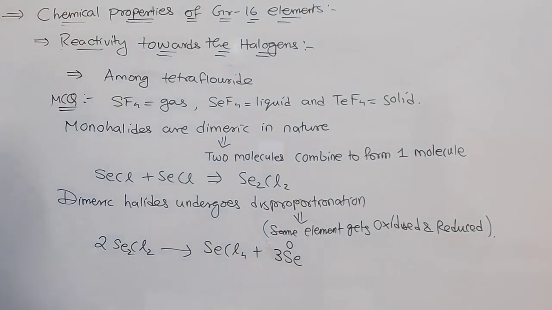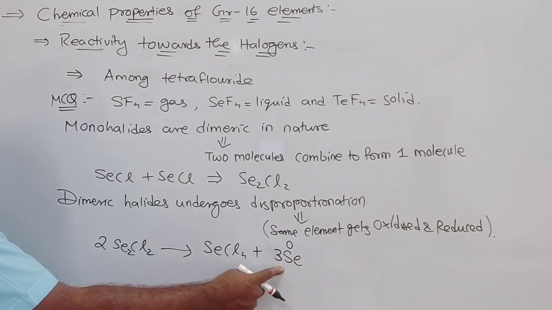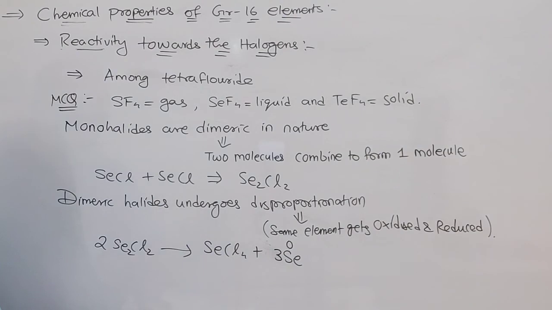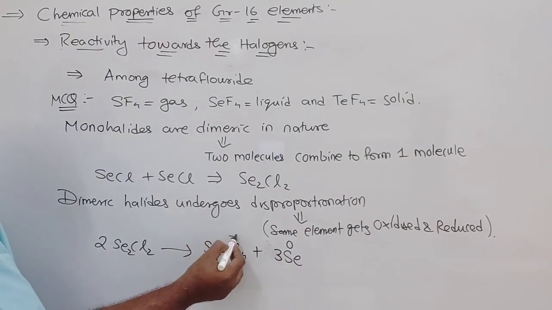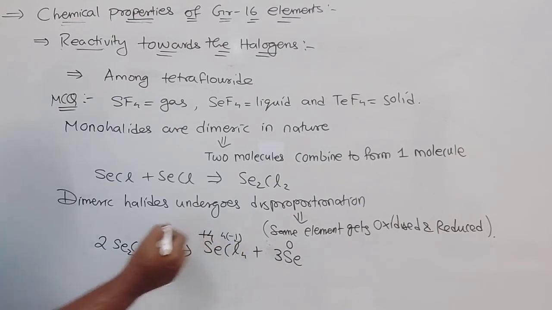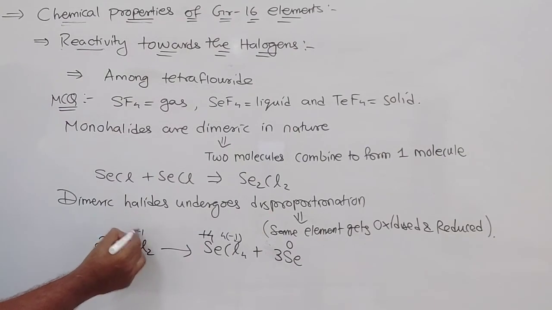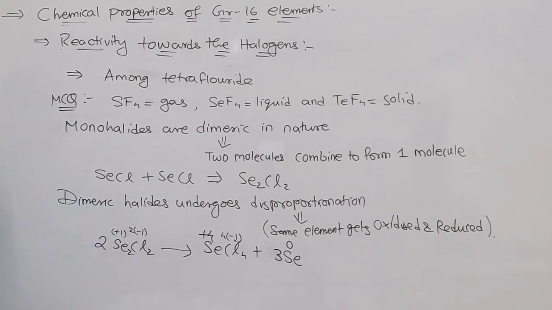Now in this case, the oxidation number of Se is 0, as we have studied in redox reactions in 11th. In SeCl4, -1 into 4 is -4, so here Se will be +4. In the same way, in Se2Cl2, -1 into 2, so here it will be +1. Understood?